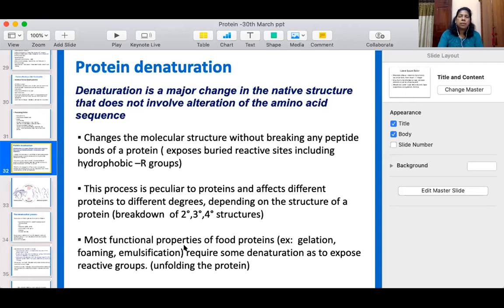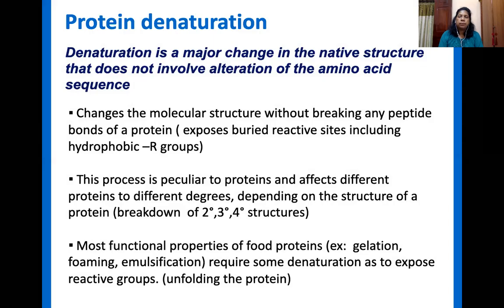Therefore, most functional properties of food proteins require some denaturation, to expose reactive groups or unfold the protein, right? For example, gelation: unfolding and then entrapment. Foaming: unfolding and entrapping air. Then emulsification also needs denaturation, exposing reactive groups, and that exposed reactive group can combine with the water on one side and the lipid on the other side.